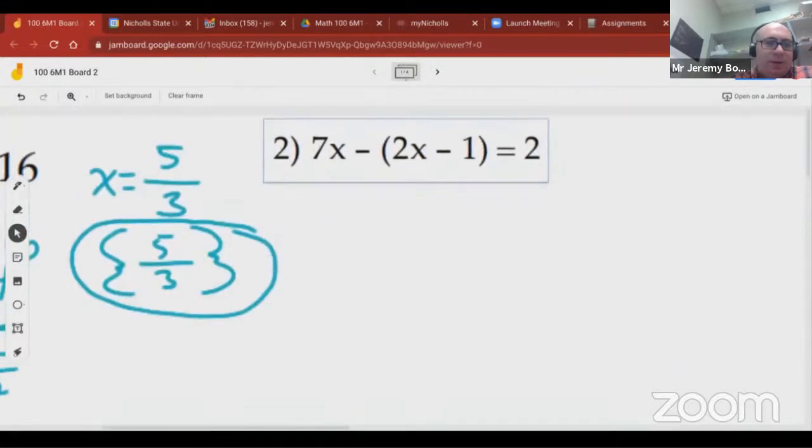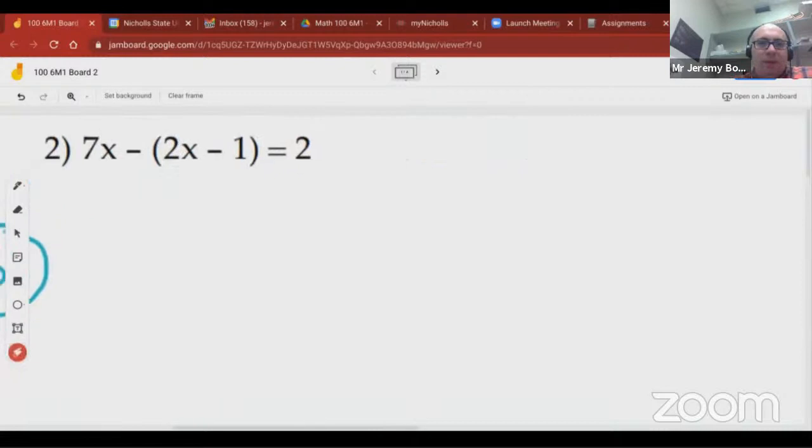Right, so number 2, the big thing here, you got 7x, and then it's minus this whole algebraic expression right there. It's minus 2x minus 1, and that's equal to 2. So the right-hand side is just a constant. Nothing to worry about with that. We'll worry about it later.